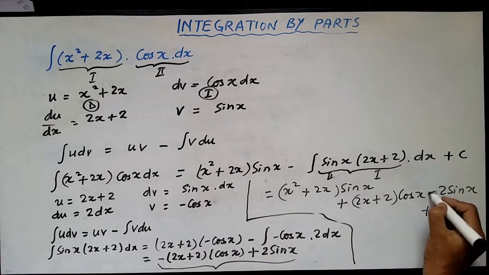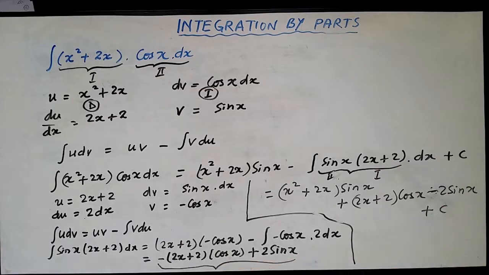So this becomes minus 2 sine of x plus c. This is how you solve a problem having a cosine of x as one of the functions.